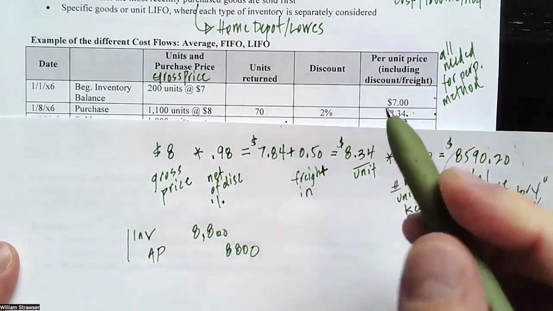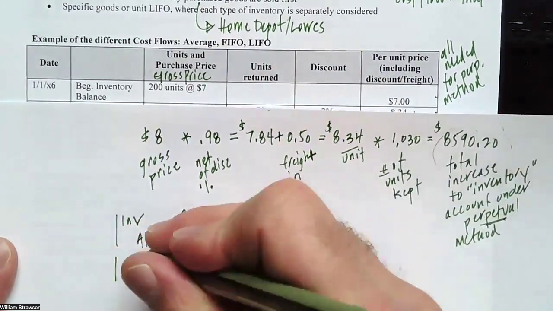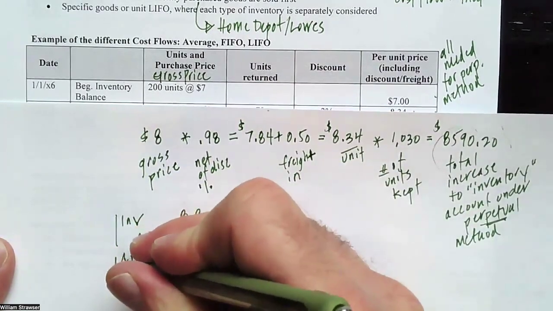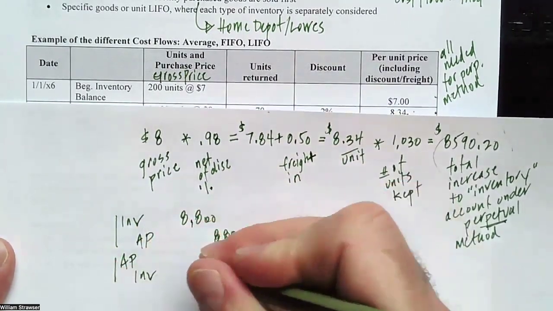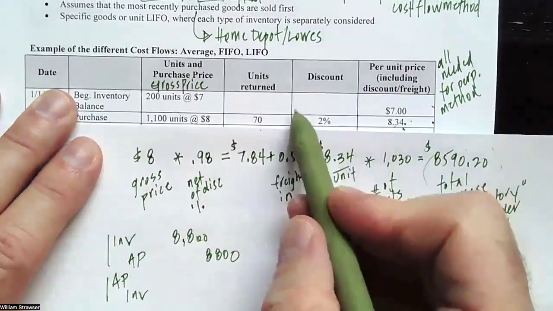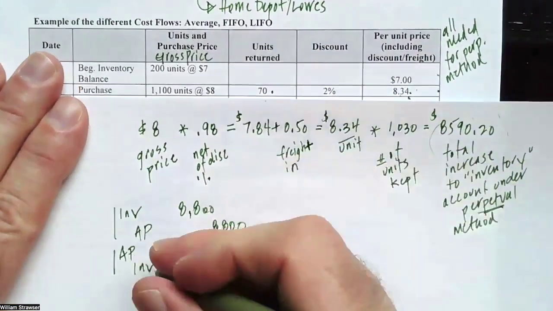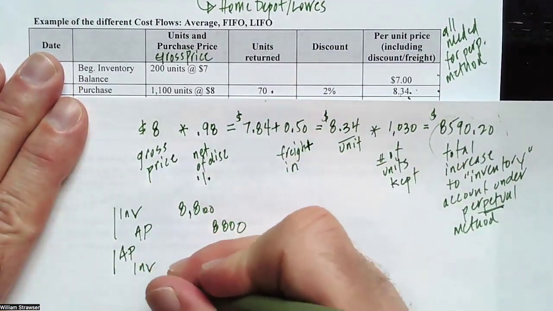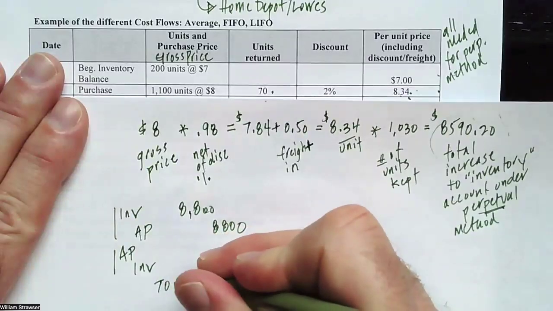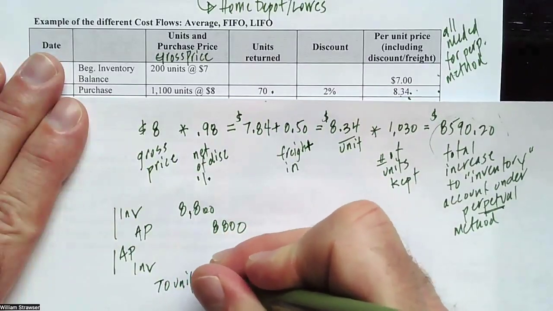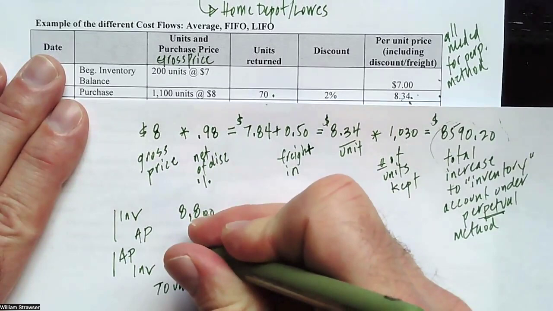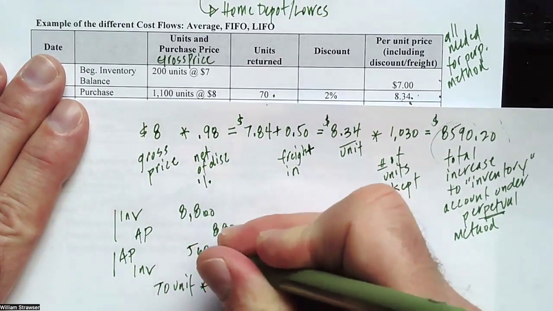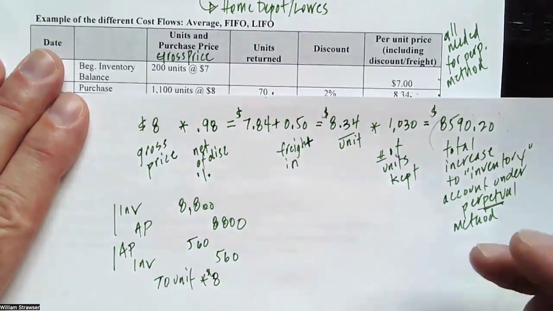When I returned units, I would have debited my accounts payable, credited inventory, by 70 return units times $8. So this is the journal entry I would make for the return.